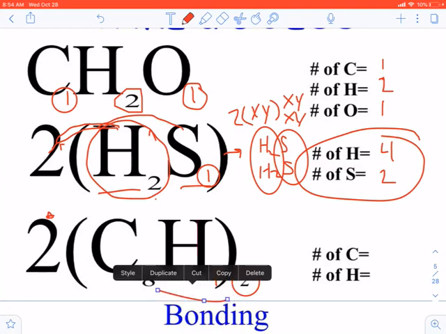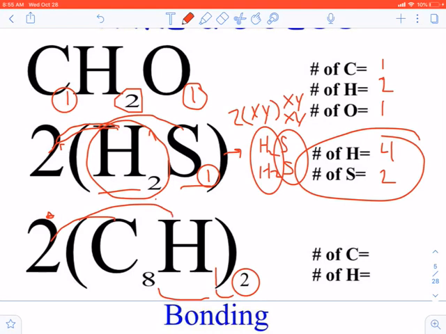Sorry about that. I don't know why this is messing up. This 2 goes here, but it also goes to here. And this 2 goes to both of these as well.